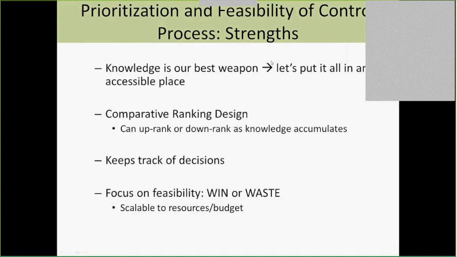So let's put it all in one place, and then no matter who is picking up the job in a few years or if funding fluctuates, we can always go back to it, and it's always going to be accessible.